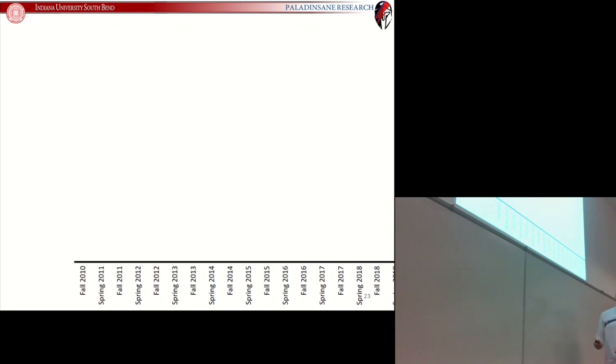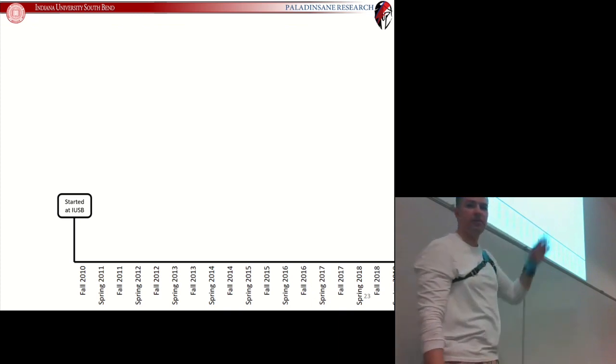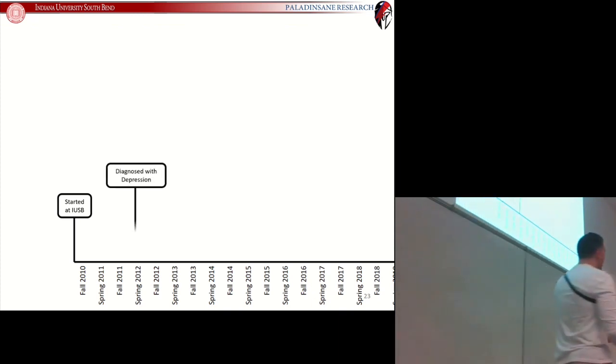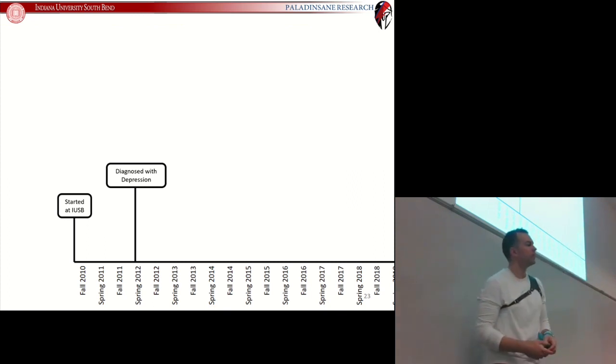And I'll give you a timeline to show you what can happen when you go out and receive help. So in this timeline, we have when I started at IUSB, and this was when I was diagnosed with depression in spring of 2012.